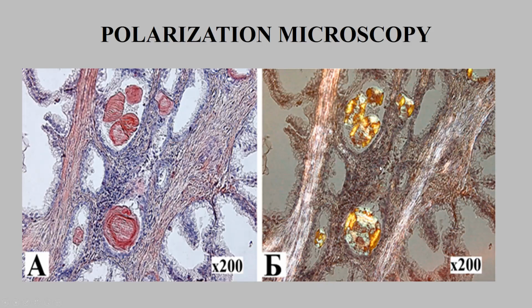Additionally, we check this stain in polarized light, with specific apple-green reaction, and this phenomenon of Maltese cross, like that, or that. And this verifies the presence of amyloid. It is the same with other substances.